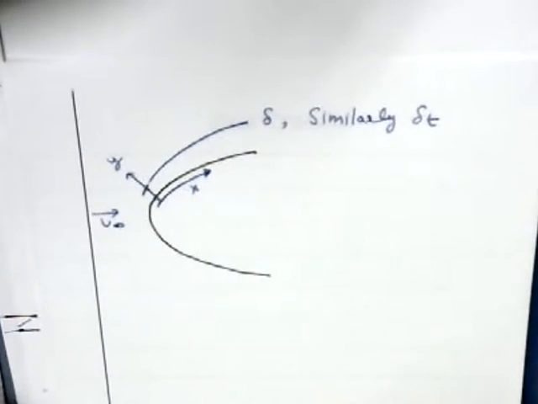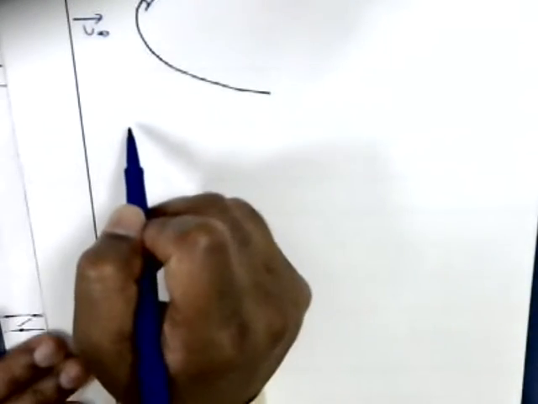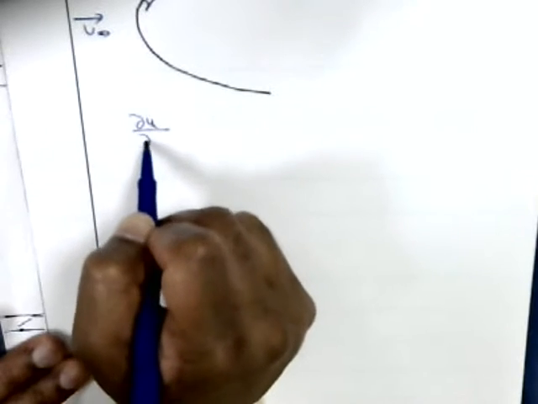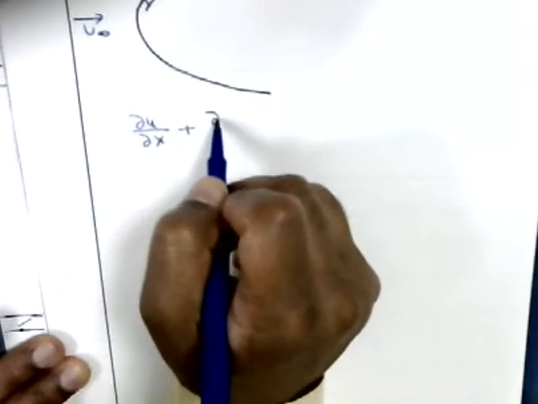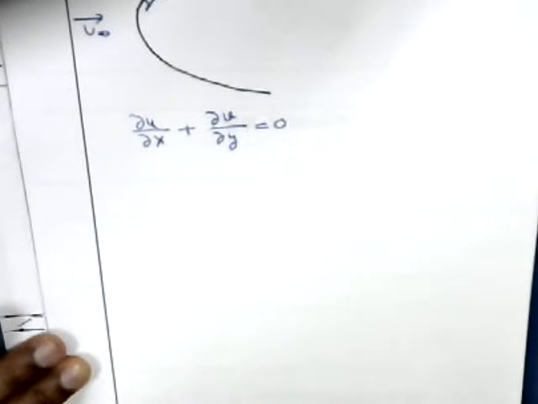Now let me write down the governing equations once again. We have ∂u/∂x + ∂v/∂y = 0, that is continuity.